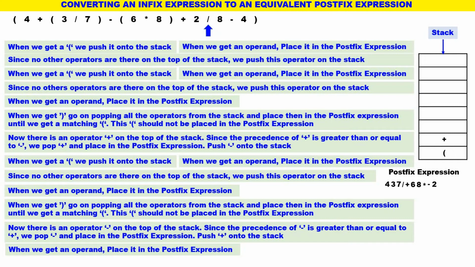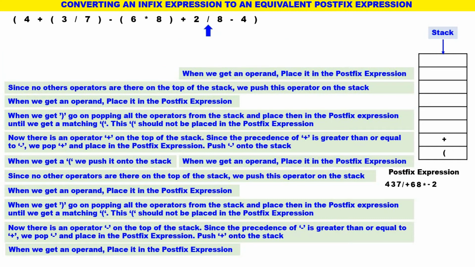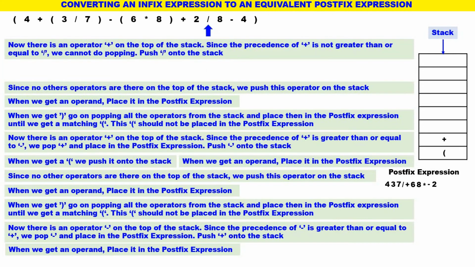Therefore, we cannot pop plus. Carefully understand, now there is an operator plus on the top of the stack. Since the precedence of plus is not greater than or equal to slash, we cannot do popping. Push slash onto the stack. Since we cannot do any popping, yes, slash is pushed onto the stack. Yes, very simple. Go to the next symbol.